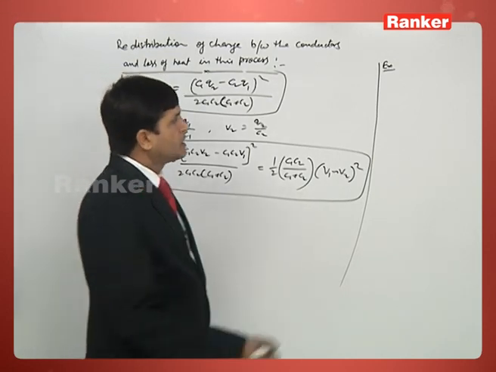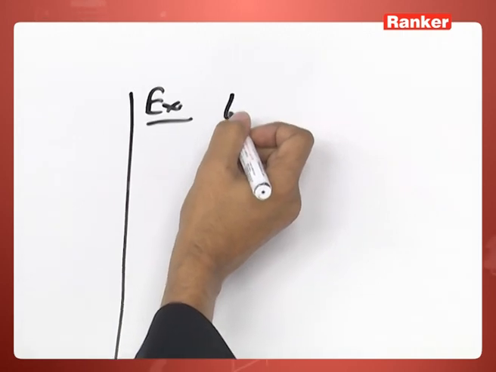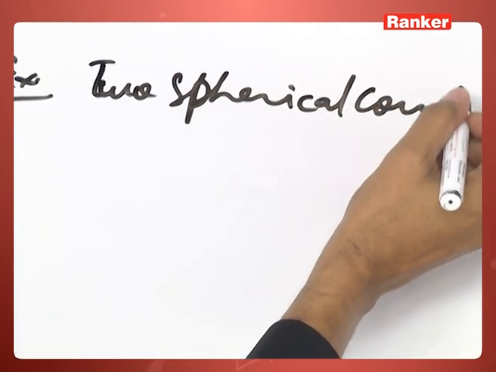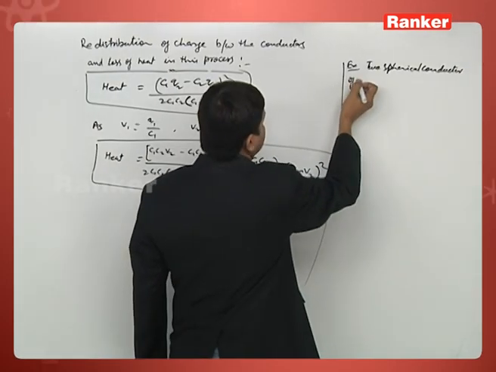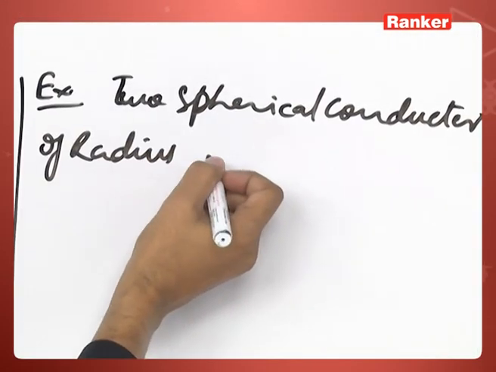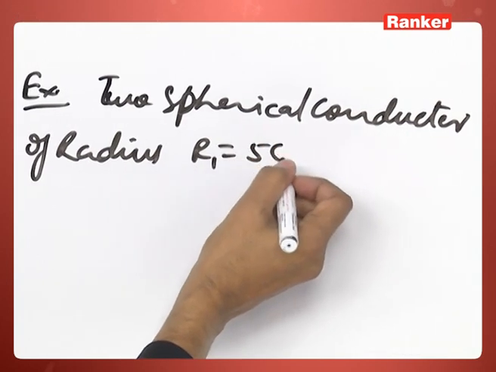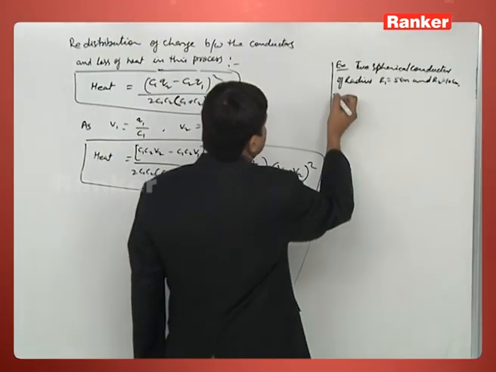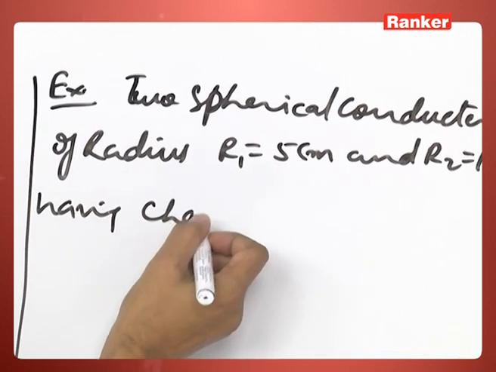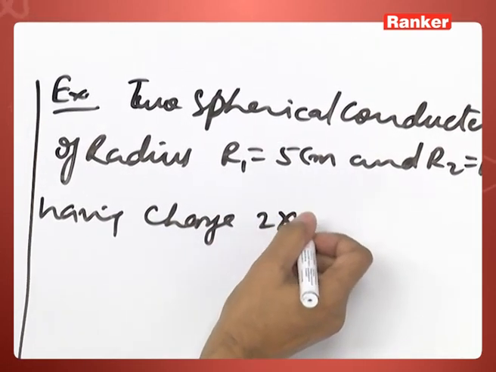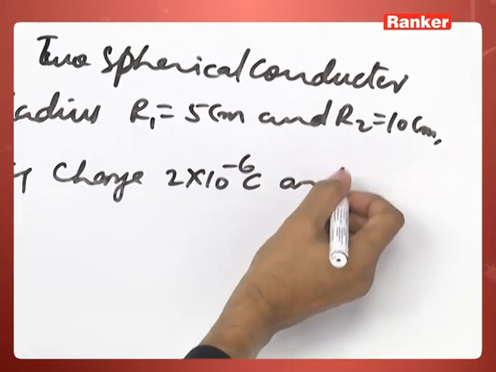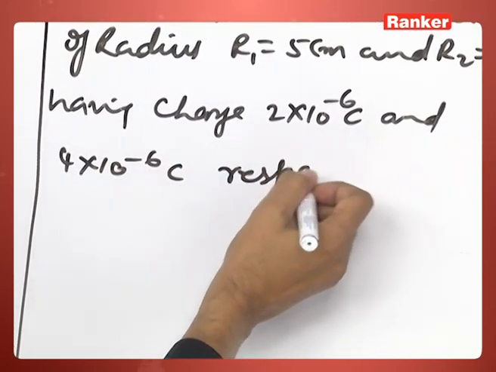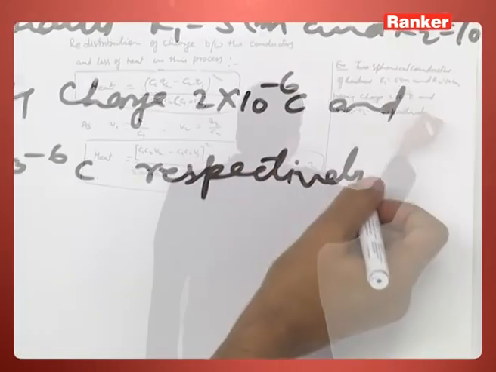The question is: let two spherical conductors of radius R1 is 5 centimeter and R2 10 centimeter, having charge 2 into 10 power minus 6 coulomb and 4 into 10 power minus 6 coulomb respectively.